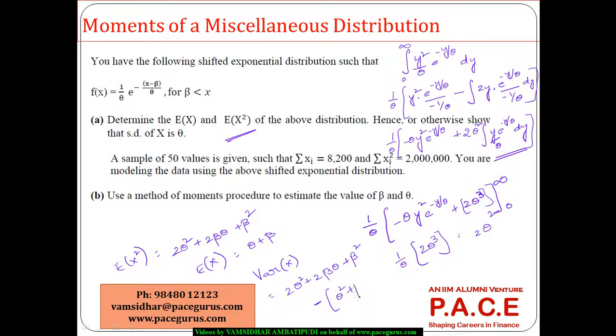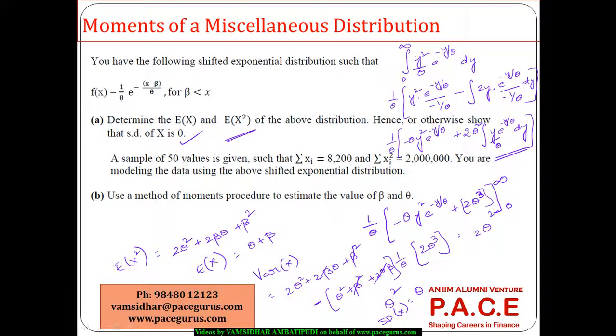Theta squared plus beta squared plus 2 theta beta. Now this is going off, and even this beta squared is going off. 2 theta squared minus theta squared comes out to theta squared, which means the standard deviation of x is the square root of the variance, giving me theta. So I am able to show that the standard deviation of x for this example is theta.